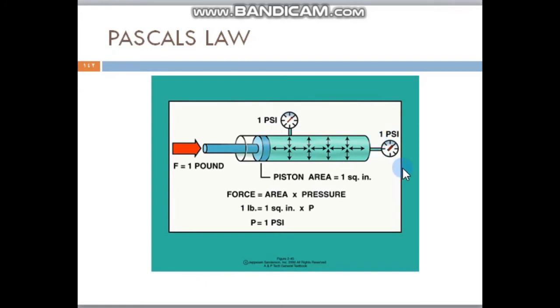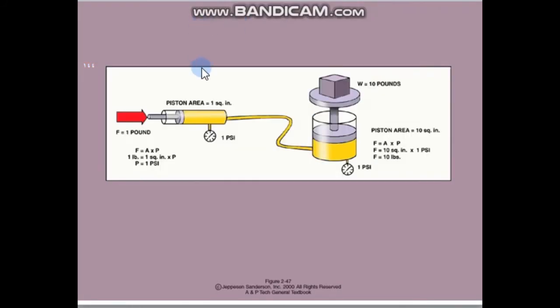For more emphasis, we will take another example. Here we have two pistons that transmit pressure. The first piston applies a force of 1 pound, and its area is 1 square inch, so the pressure is 1 psi.